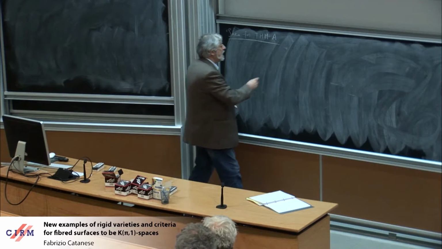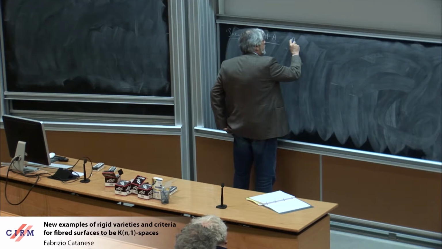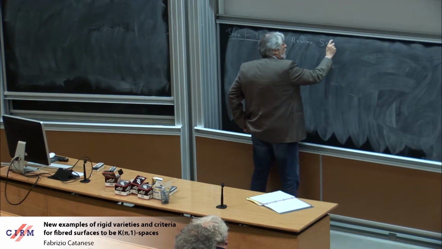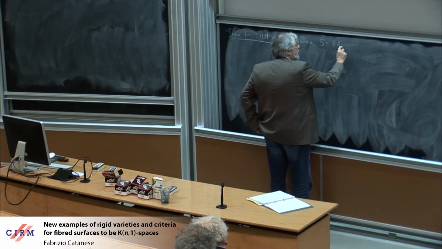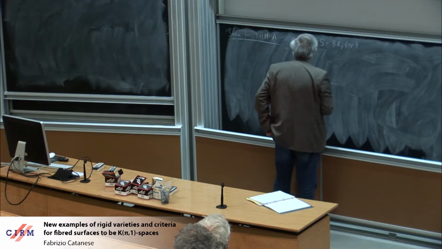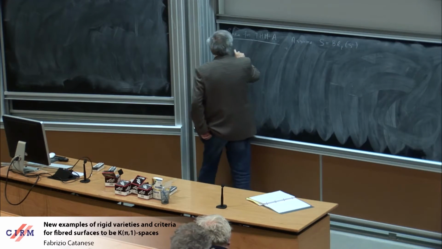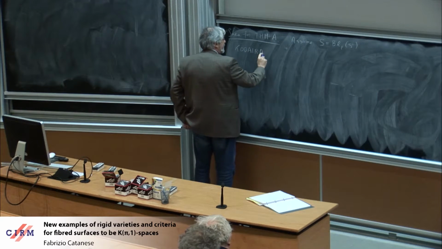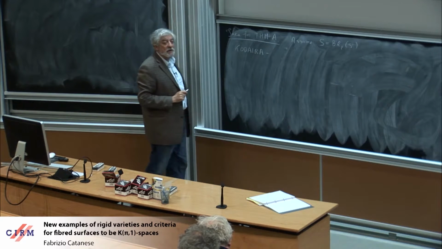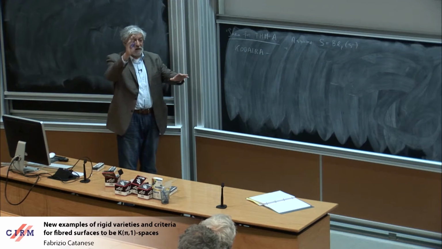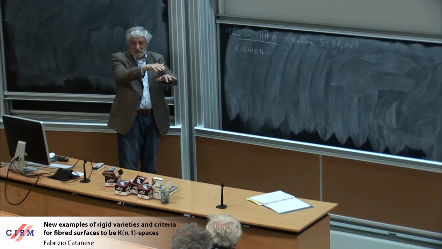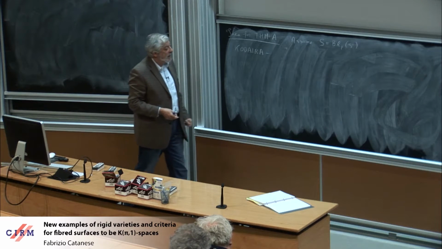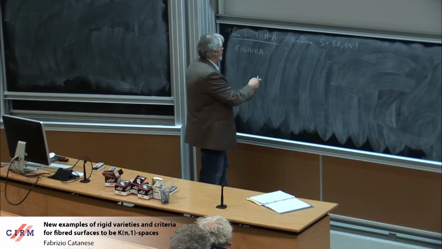So by Kodaira, assume that S is the blow-up in one point of S prime. Then the theorem of Kodaira says that all deformations of S make this -1 curve survive, and by the Castelnuovo-Enriques contraction theorem, you have a deformation of S prime.